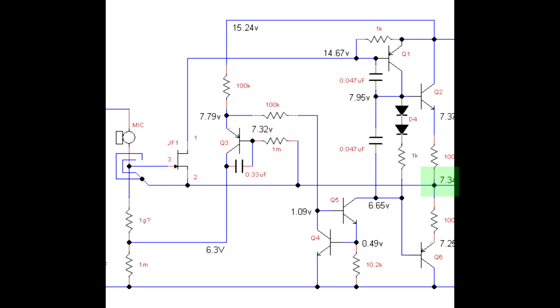So 6.5 volts on the gate, 7.5 volts on the source. And that's exactly what the simulation he's showing here. The bootstrap voltage is sitting there about, I think he has it at 6.3 volts and the output at 7.3 volts. So a negative 1 volt bias on the JFET.